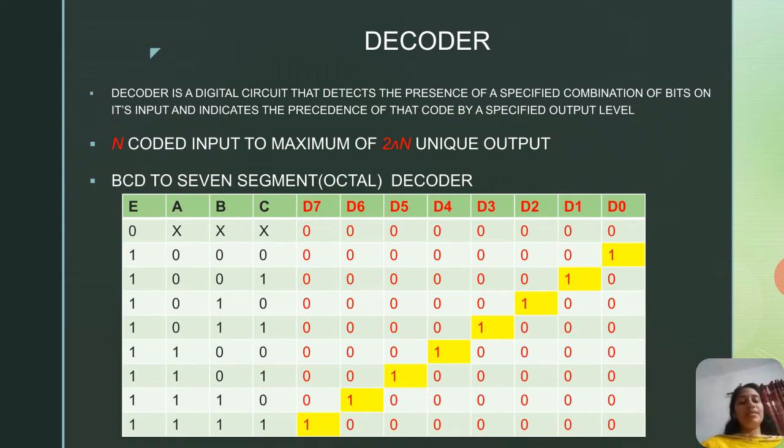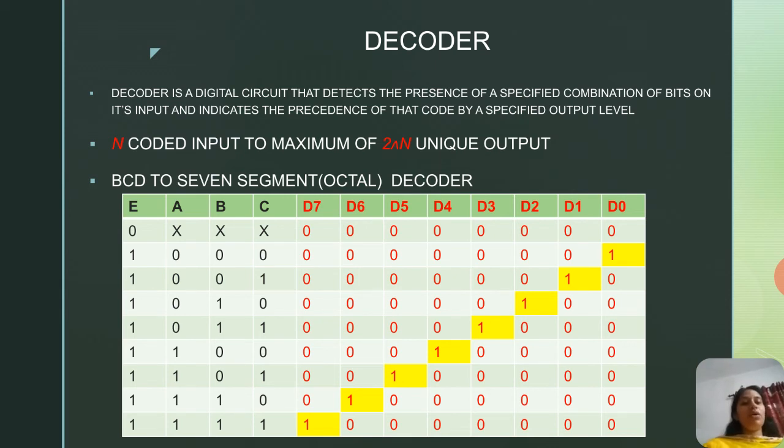You can see in the truth table that the 1 appears diagonally. For 000, you get D0 enabled. For 001, D1 will be enabled. For 010, D2 is enabled. For 011, D3 is enabled. Likewise, if you give 111 as input, D7 will be enabled.